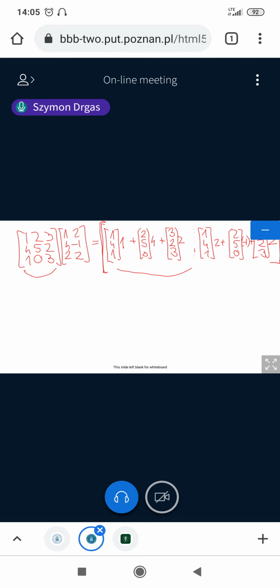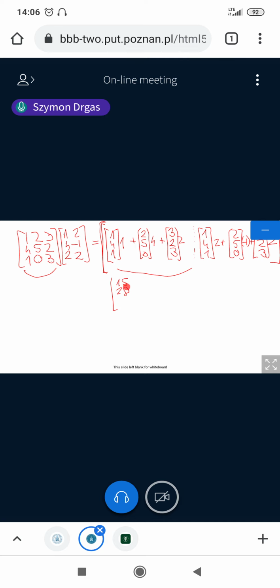So we can multiply and add all these numbers. So the first row, the first column is 1 plus 8 plus 6. So 9 plus 6 is 15. And then we have 4 plus 20, 24 plus 4 is 28.